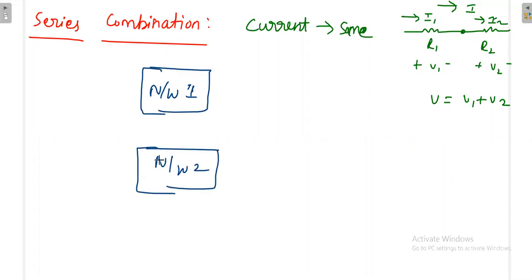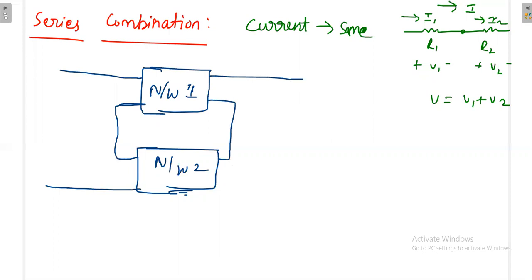First we'll represent the series combination. The current has to be the same. This is the two-port network. If you make the connection like this, that is called a series combination.